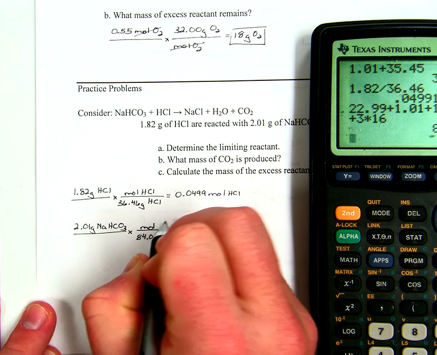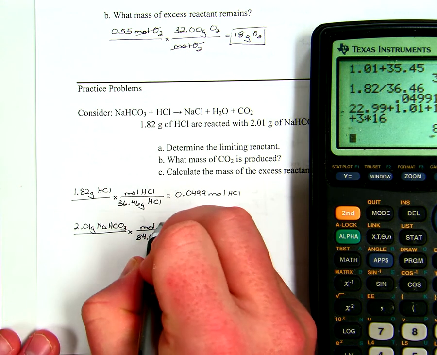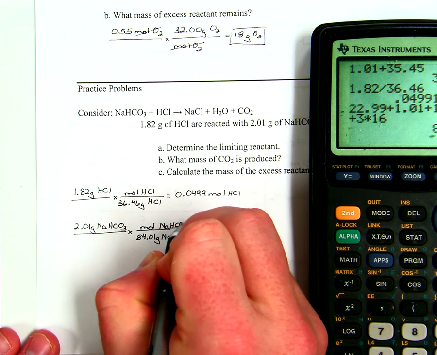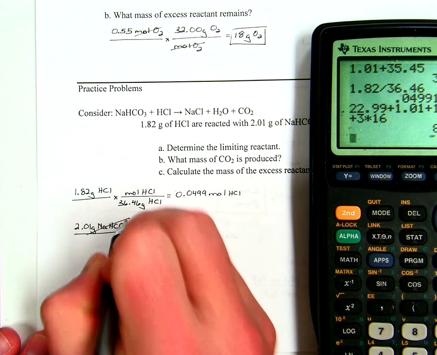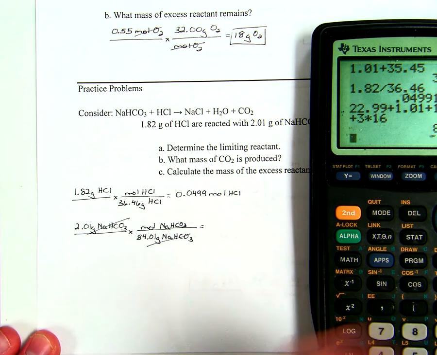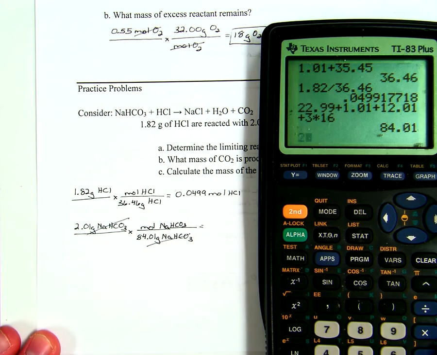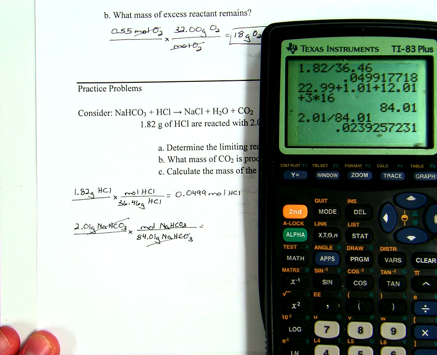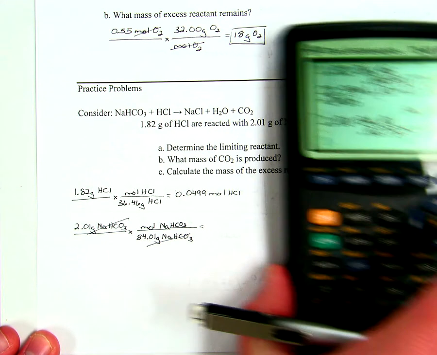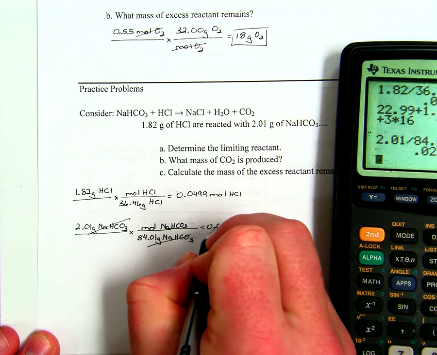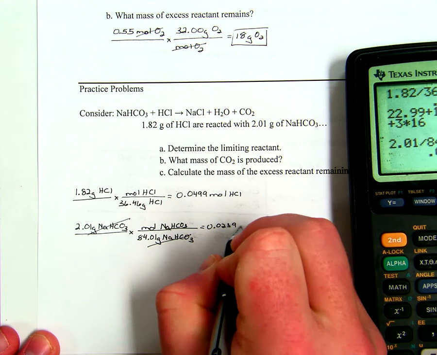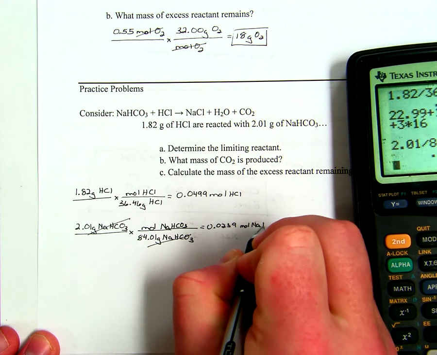Grams cancel, and I do the calculation. We have 2.01 divided by 84.01, 0.0239 moles NaHCO3. So I've determined the number of moles of each reactant we have.